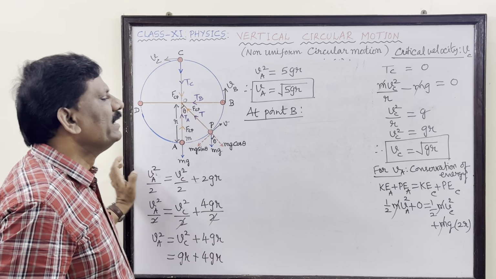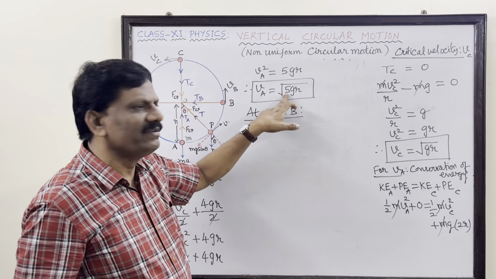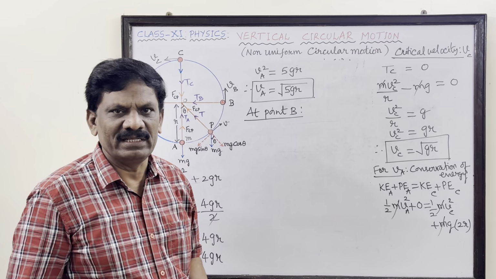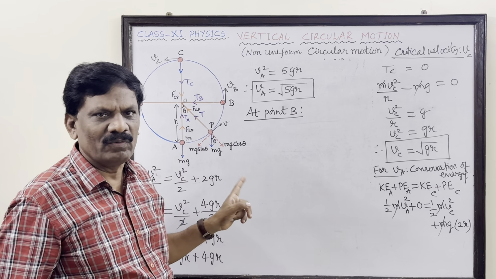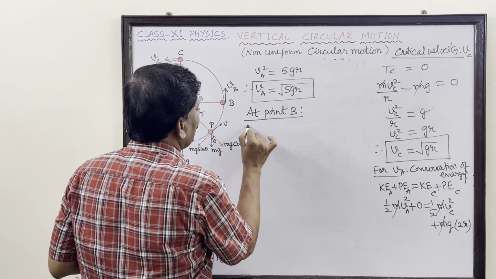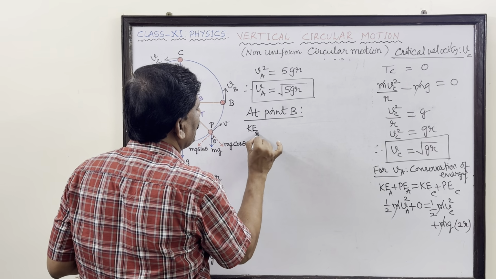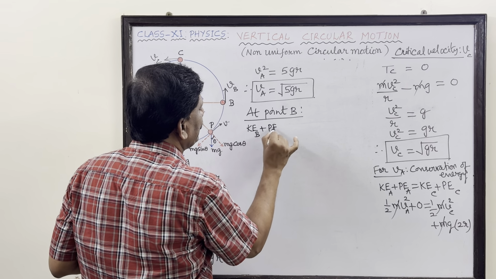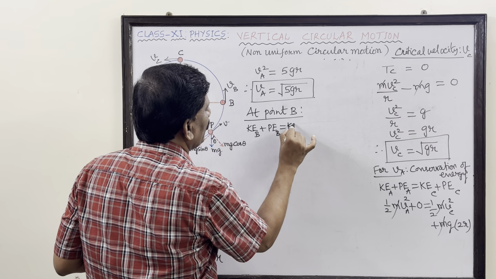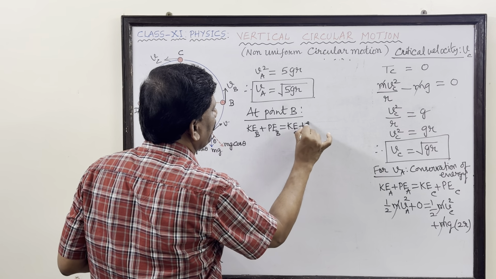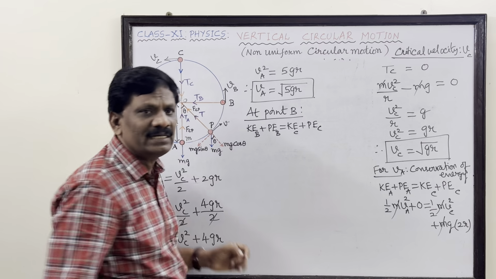So in between root GR and root 5GR, it must be root of 3GR only. That we are going to confirm now. So for this, I will compare kinetic energy at B plus potential energy at B is equal to kinetic energy at C plus potential energy at C.